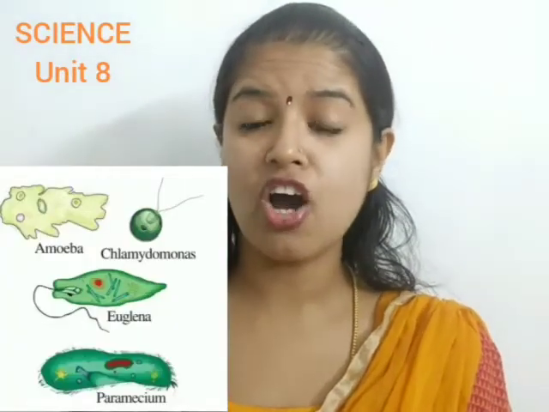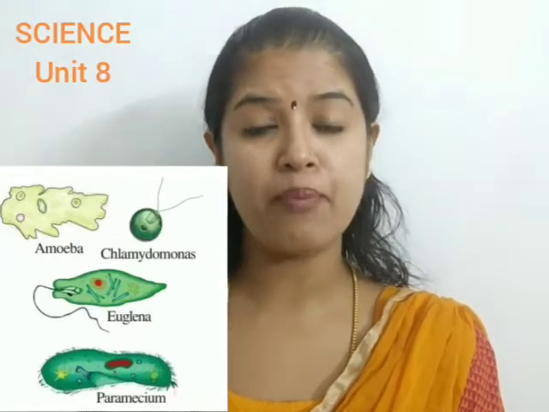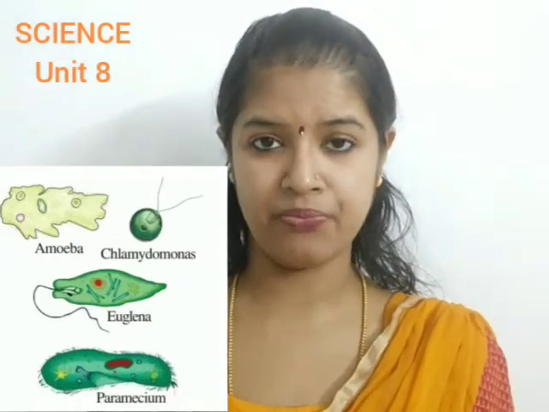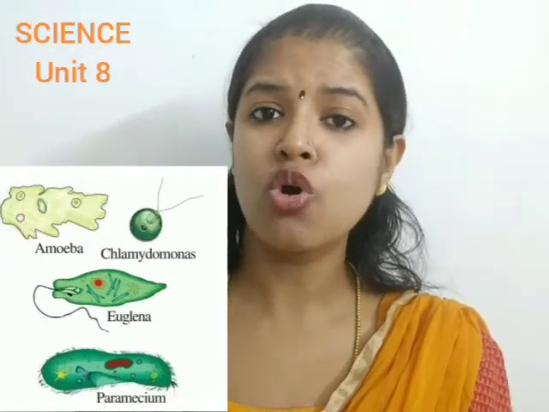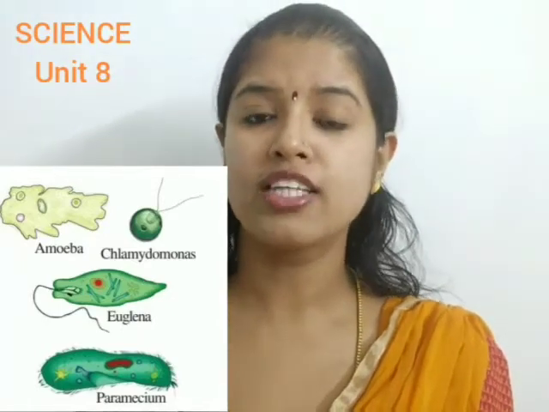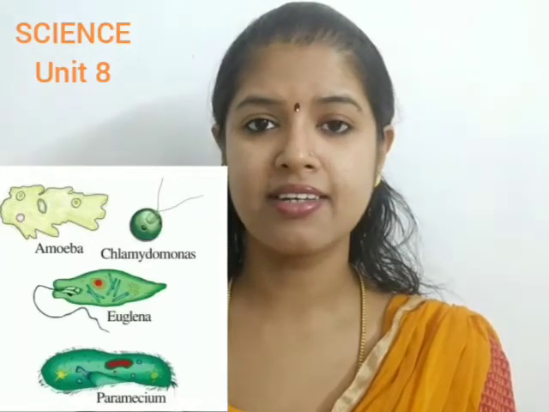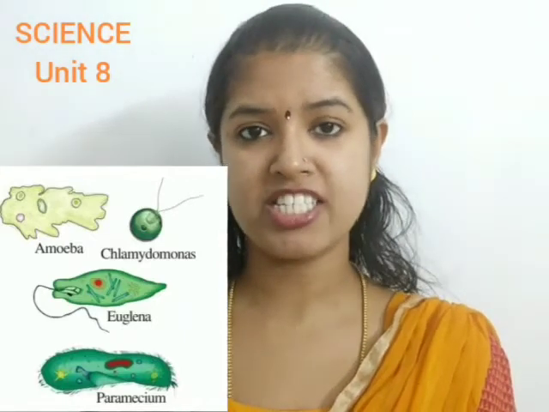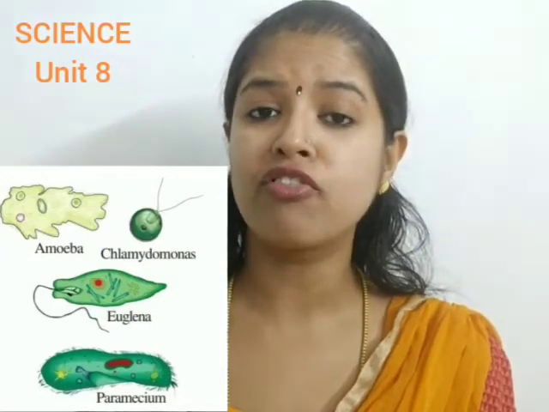In unicellular organisms like amoeba, I told you it is made up of only one type of cell. So there is no other fluid for the transport of materials. There is the cytoplasm, which is present in the cells. Cytoplasm is the fluid part of the cell.